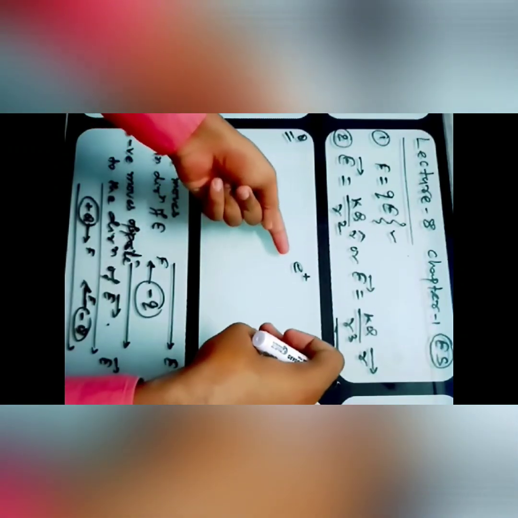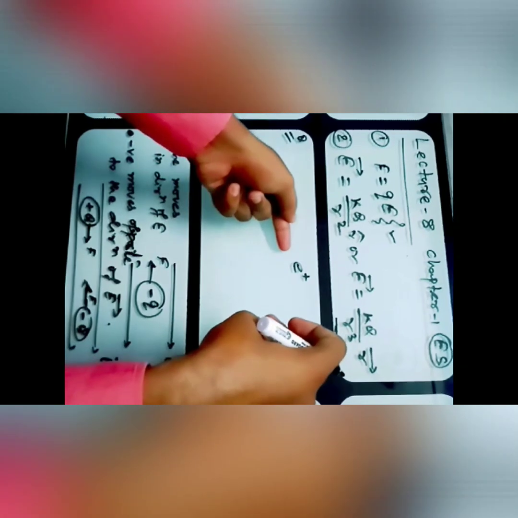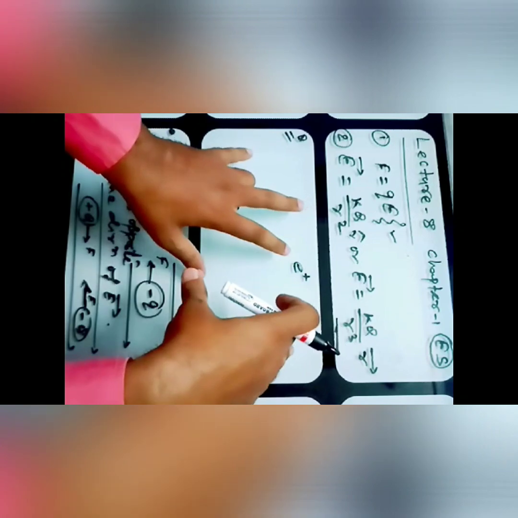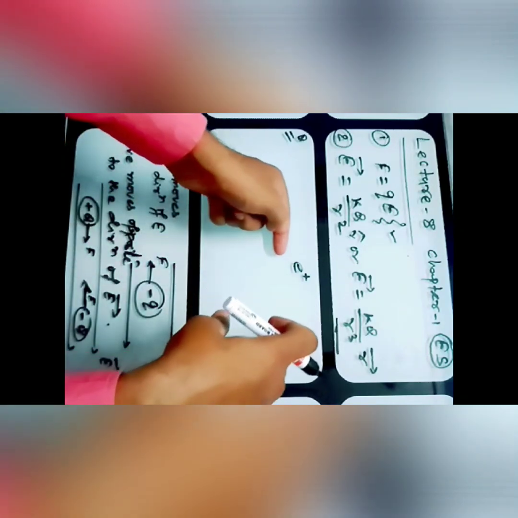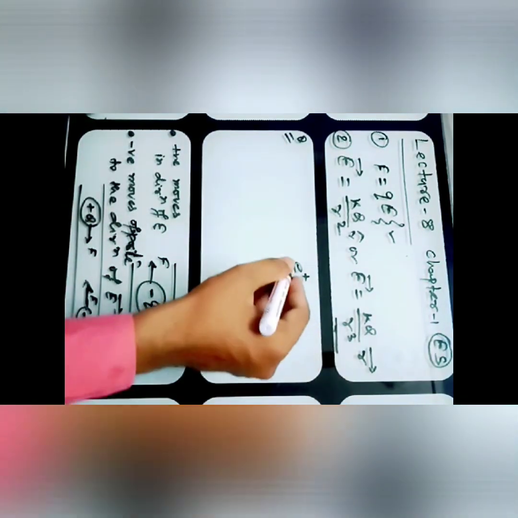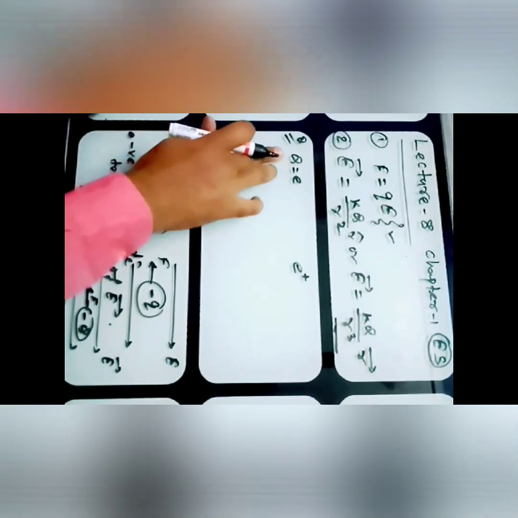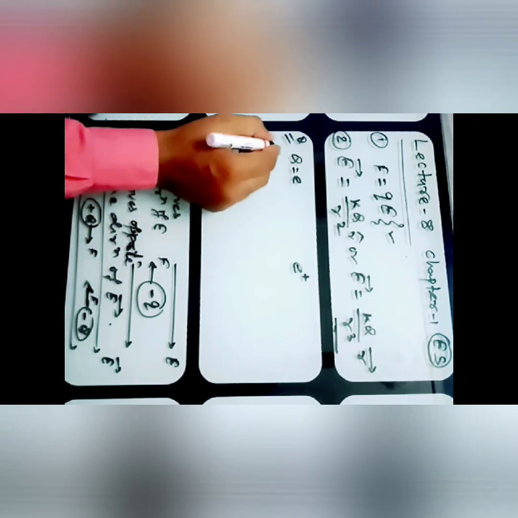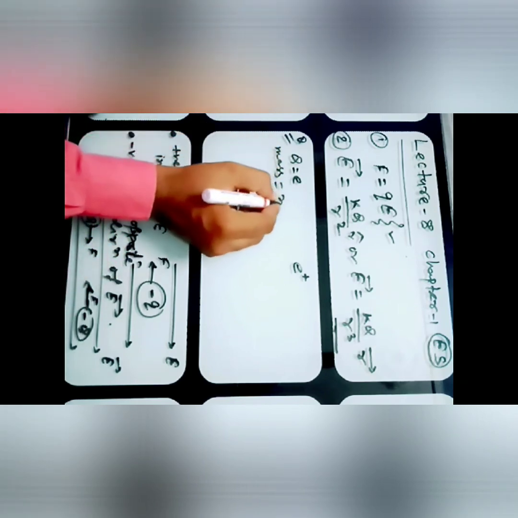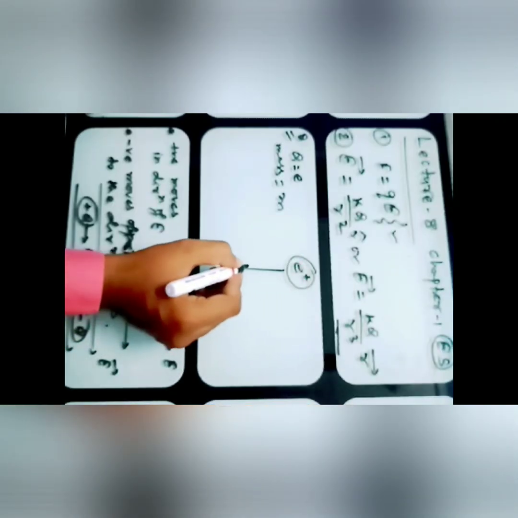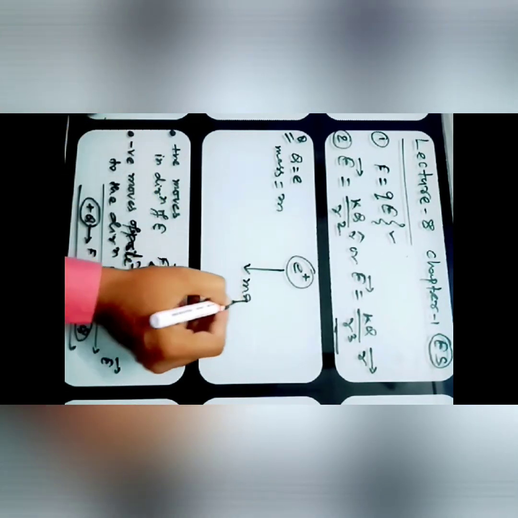Whatever the very small amount of mass, it will move down due to gravity. Its charge is e and mass is m. So due to its mass, in which direction will it move? It will move downward due to mg.